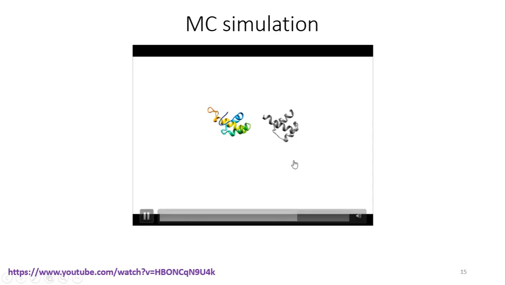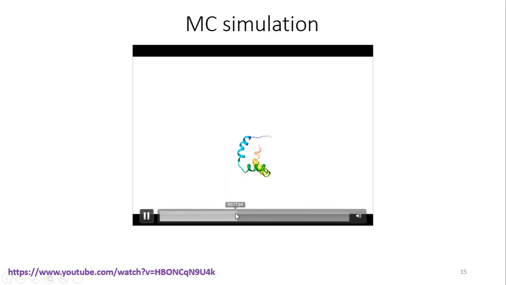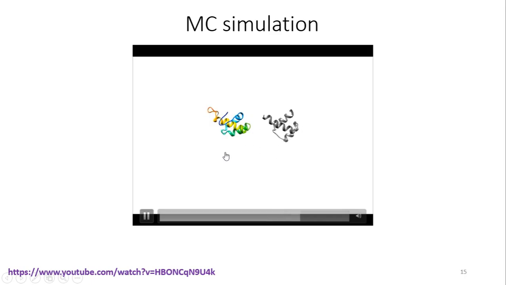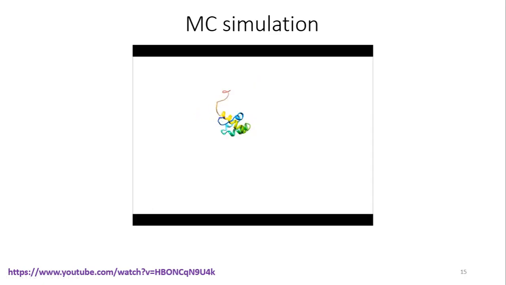These are the states that are accessible to this protein, but not necessarily in the same order as it appears in this trajectory or as they appear in this movie. It can acquire the last frame that you see in the trajectory somewhere in the middle, or it can happen otherwise.